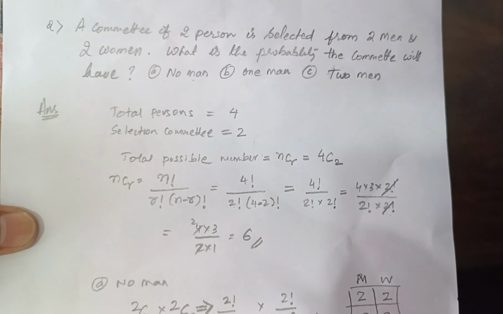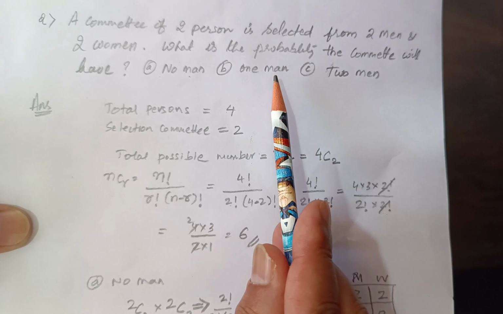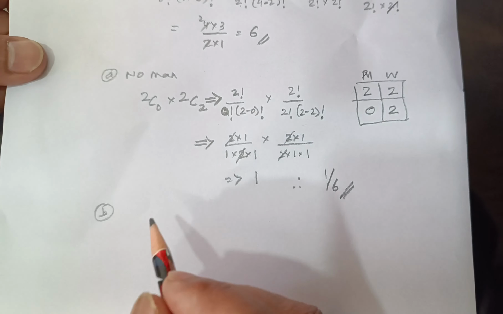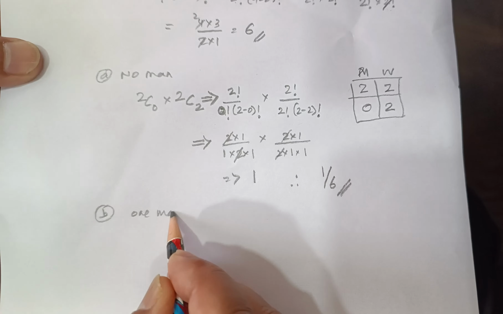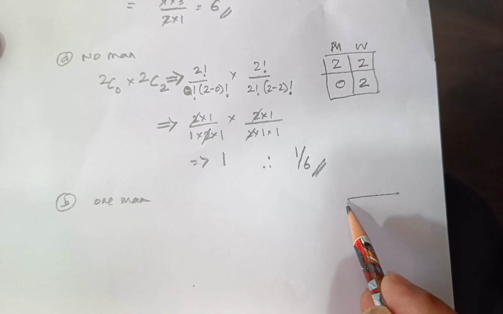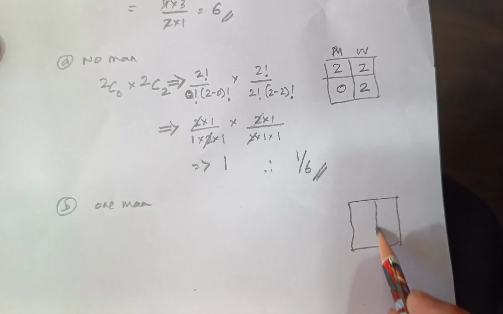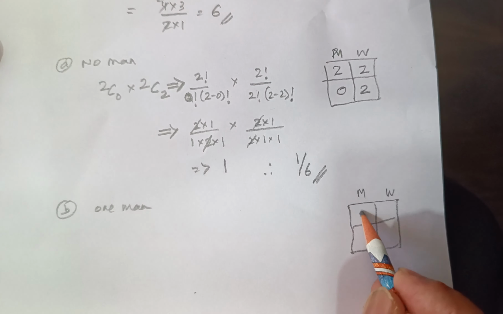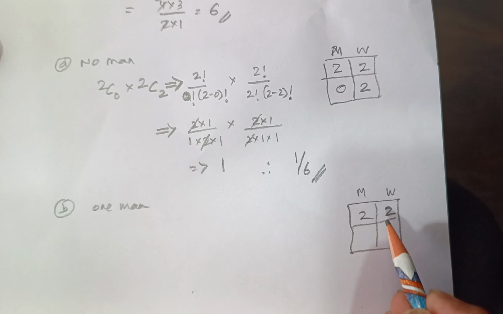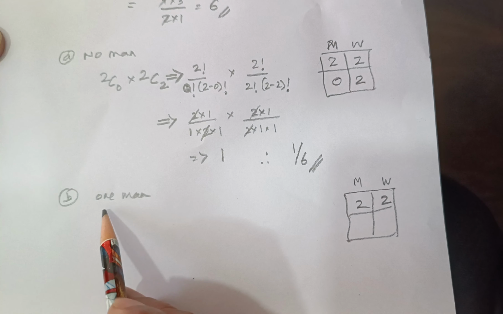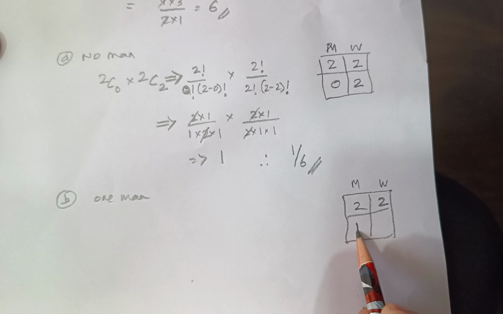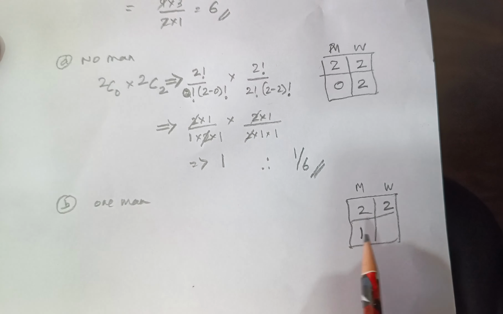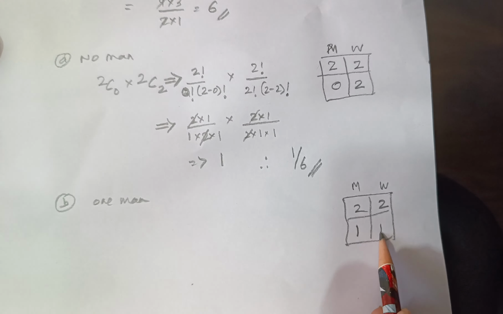Now the second condition is 1 man. Again we'll use the same box with men and women, 2 and 2. What is being asked is 1 man. If there is 1 man, the committee of 2 has to be formed, so what is left is 1, meaning 1 man and 1 woman.